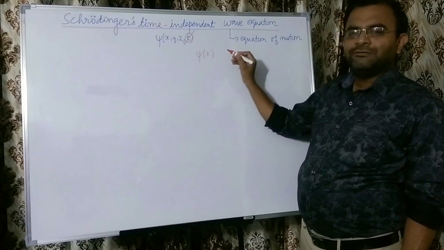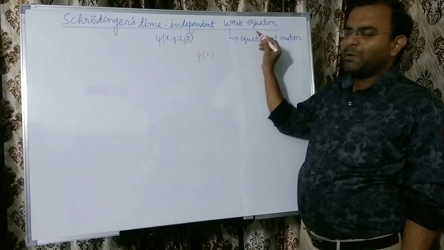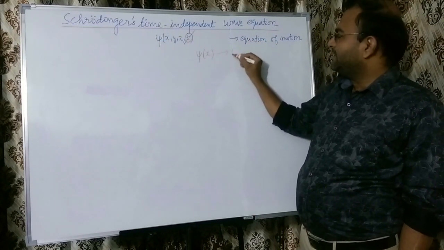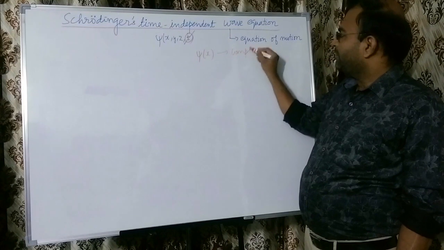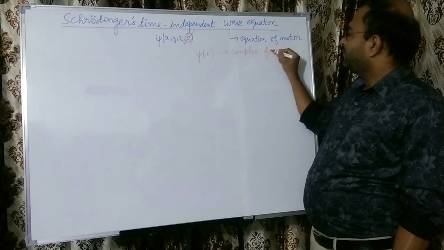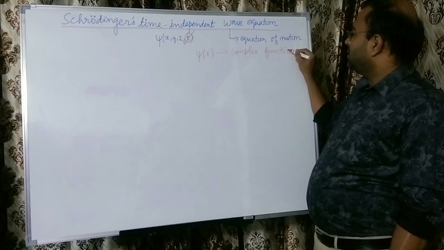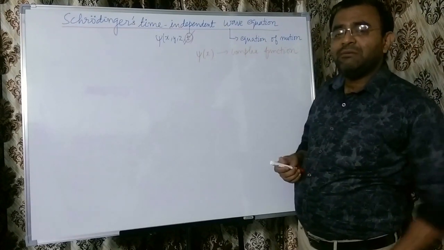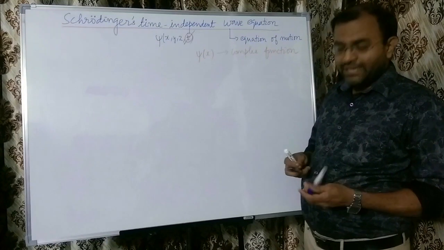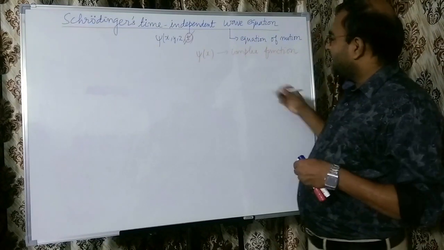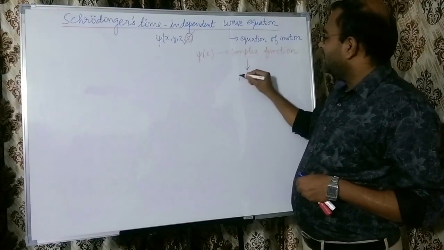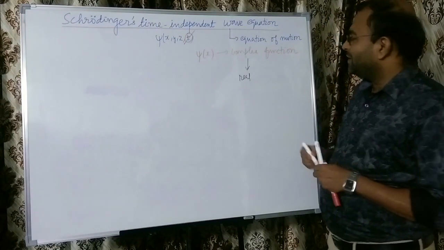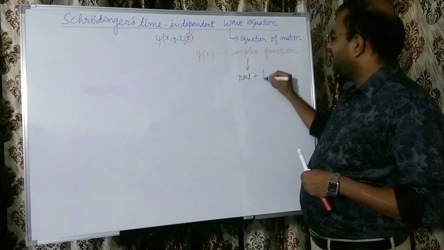And for the time-independent wave equation, though the wave function as such is a complex function, having both real and imaginary parts, we can for the time being ignore the imaginary part and assume that the function is only a real function. Though in reality, a complex function has both real and imaginary parts.